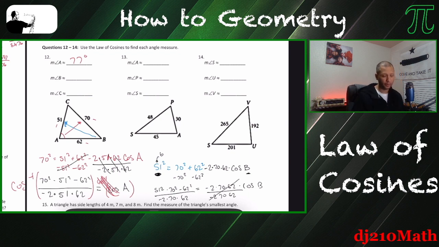Now, as mentioned previously, to get to the B, you have to take the inverse cosine. All right, and this is just straight calculator work because on the right-hand side, these cancel and B is all by itself.